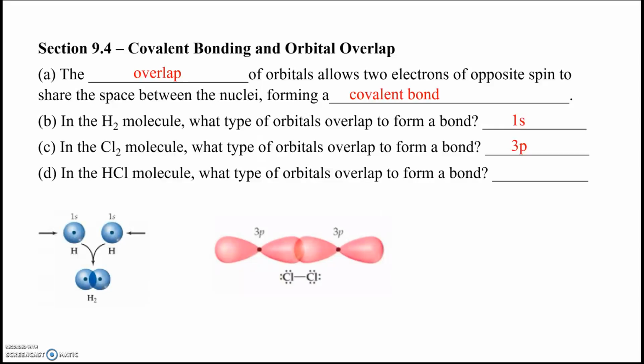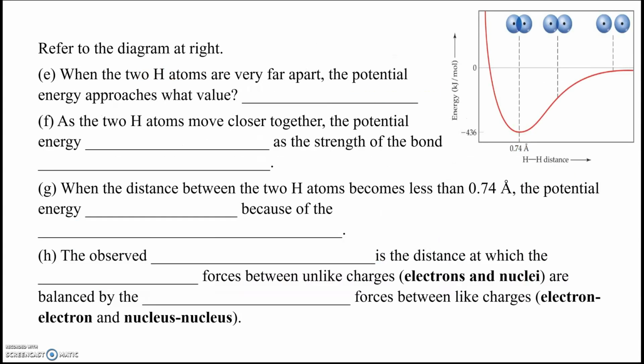And in HCl, what type of orbitals overlap? Here I've got both 1s and 3p, and that seems obvious because we have combined the hydrogen and the chlorine, and so that's what we've got left there. All right, now I'm looking at this diagram to the right. This is showing the internuclear distance between hydrogens versus the energy.